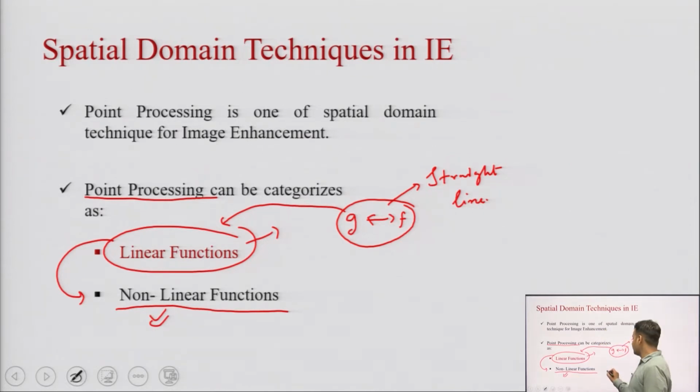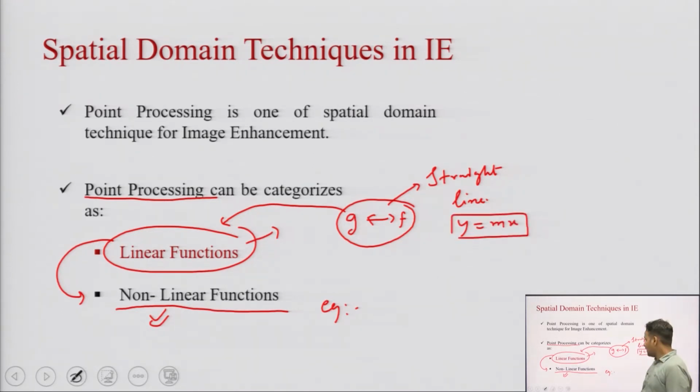For example, y equal to m x is a linear function. A non-linear function is, for example, if we have y on the vertical axis and x on the horizontal axis, then y equal to e raised to power x.